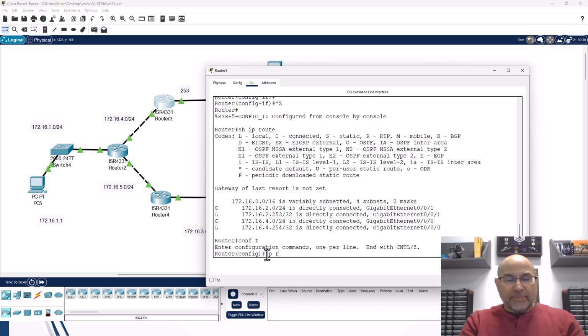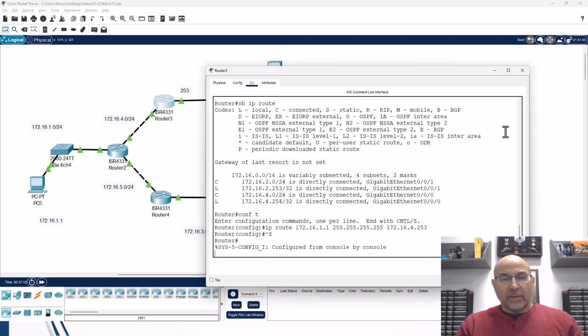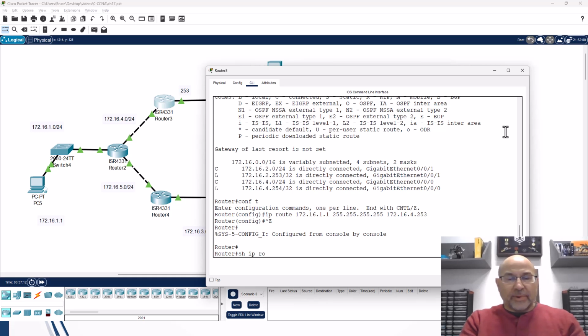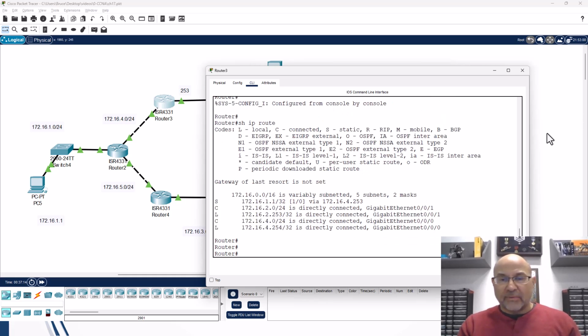So I'm just going to say IP route 172.16.1.1. Now here's the tricky part. This is going to be host specific or a static host route. So it's a /32. And how do I get there? Well, 172.16.4.253, which is right down here on router 2. Okay. Well, if I take a look at my routing table, I now have this host specific, right? There's the /32 right there.